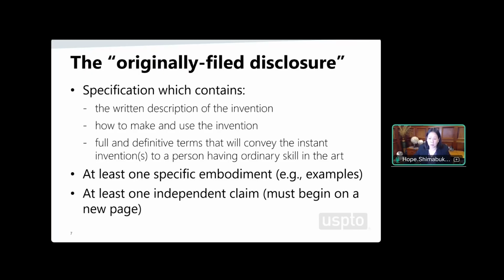Now, let me talk a little bit about the words "originally filed" that are listed in the title. Originally filed is the determination of what we call the filing date, which guides the examiner in determining what sources or what prior art would apply to that particular patent application.